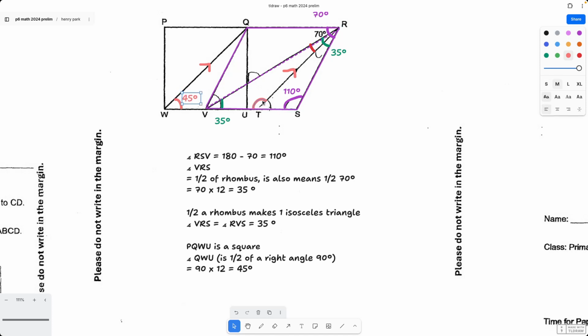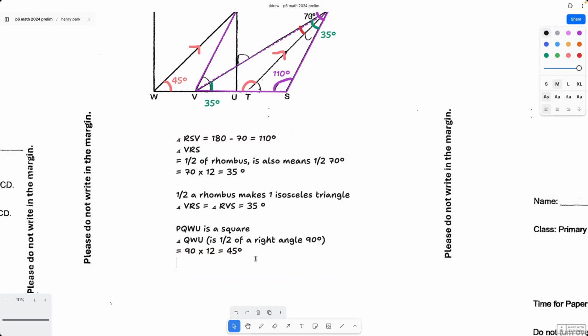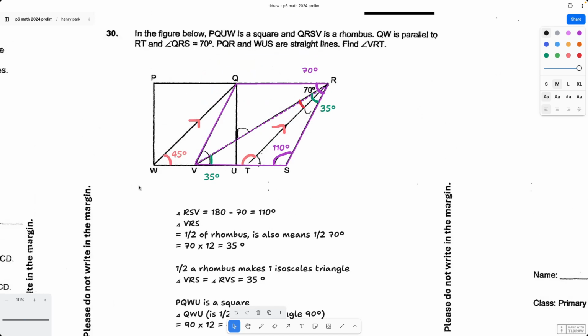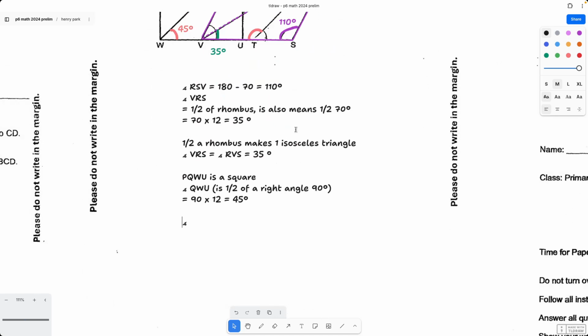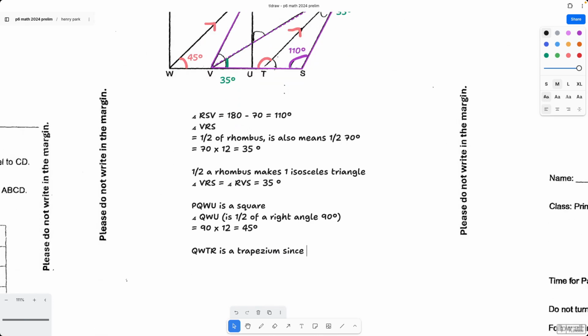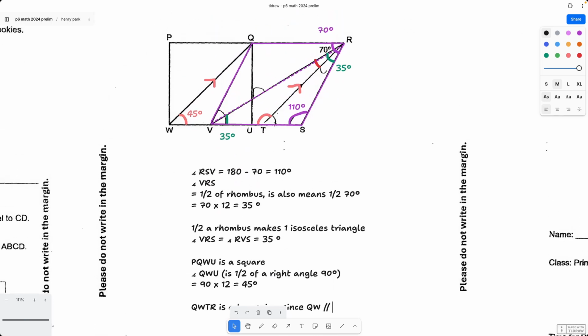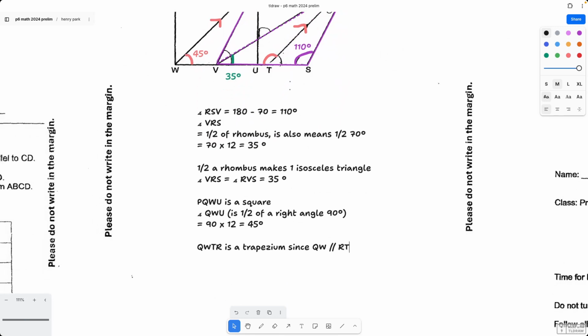So that means we can get VTR. QWTR is a trapezium, since QW is parallel to RT, RT over here.